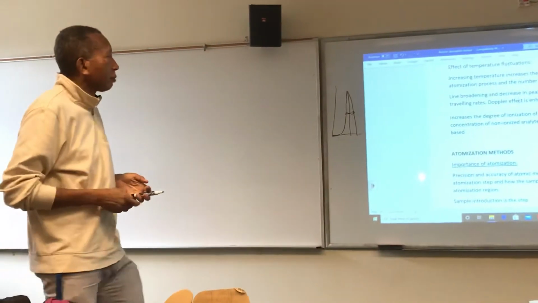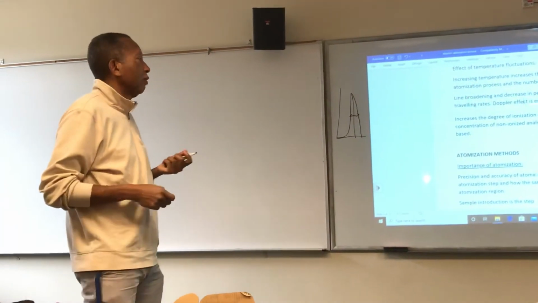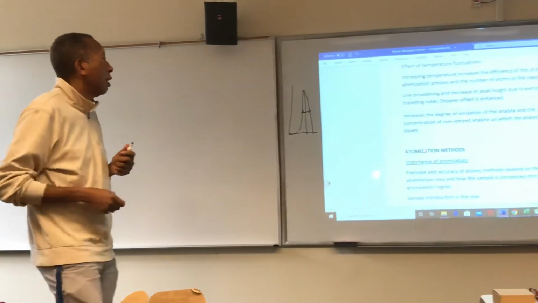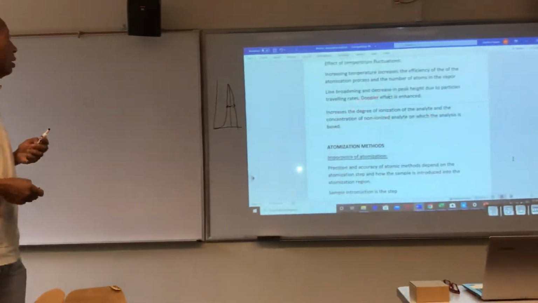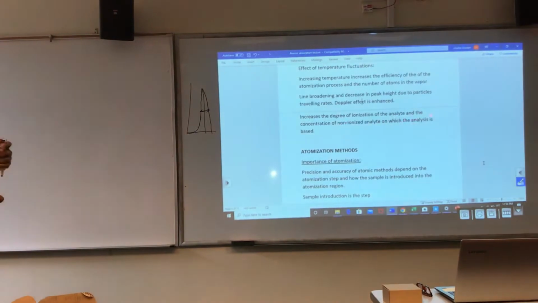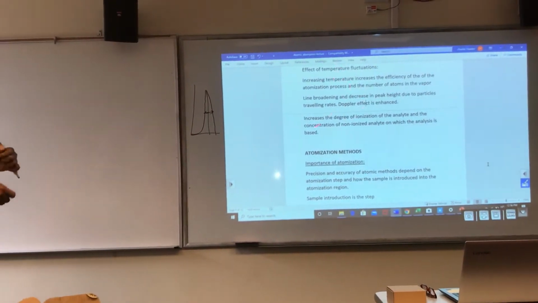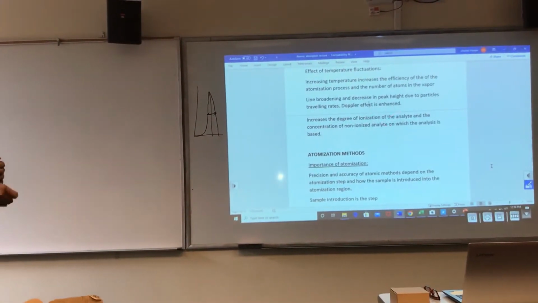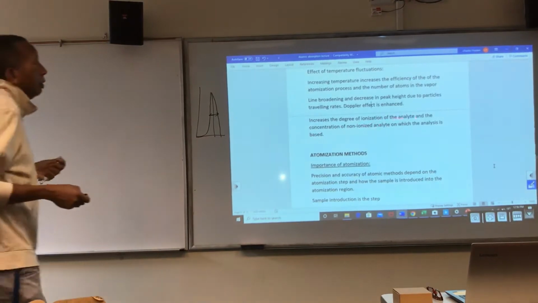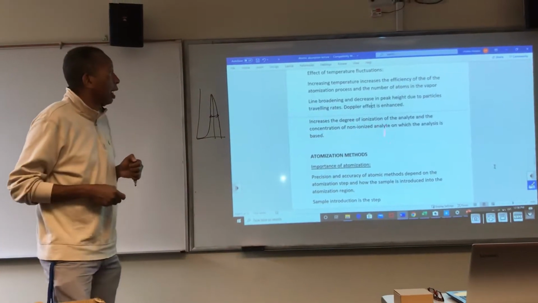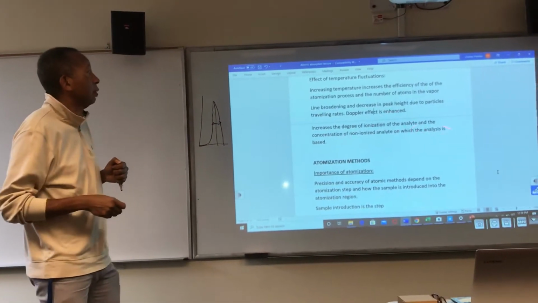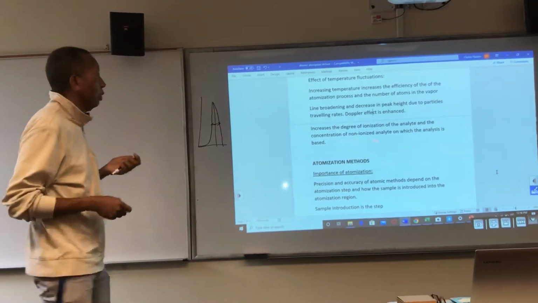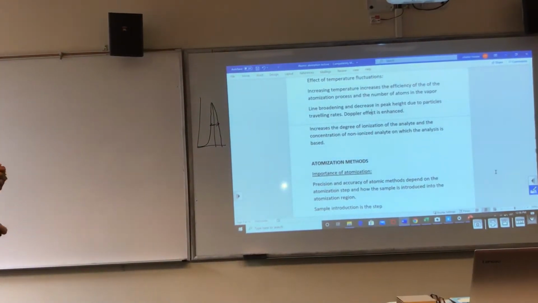And that's the Doppler effect here, which is enhanced. Temperature also increases the degree of ionization of the analyte, right? So if temperature increases the degree of ionization of the analyte, then the ratio between non-ionized sample and ionized sample changes, and then we get some problems with the measurements.